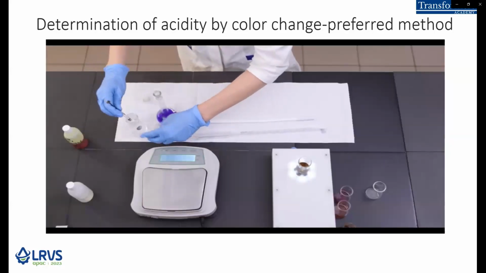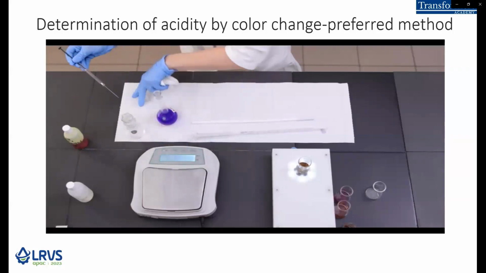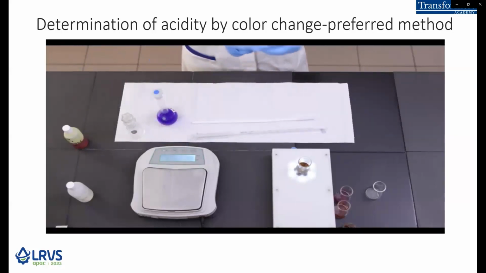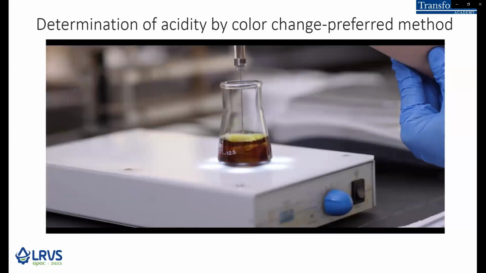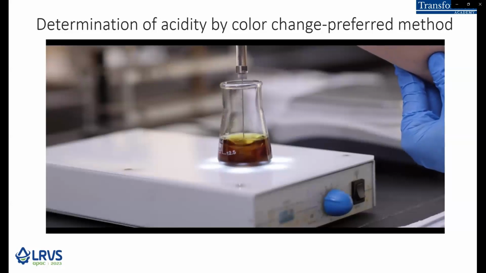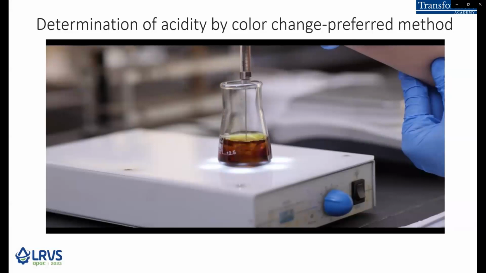It's more accurate and most of the laboratories in the world adopt this method, even though it's time consuming, but it is more accurate. Here we see the titration itself, when by this small syringe, basic, normally KOH, is added to oil.